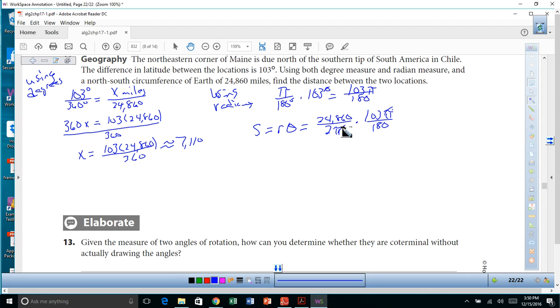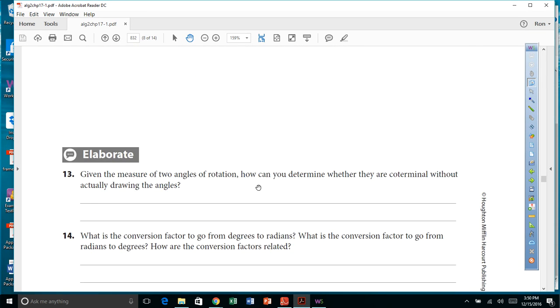Pi's will cancel out. And that gives you, put it in your calculator, 7,110. So the distance is about 7,110 miles. Pretty cool, huh? All right.